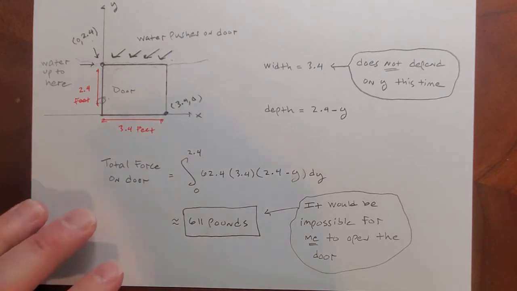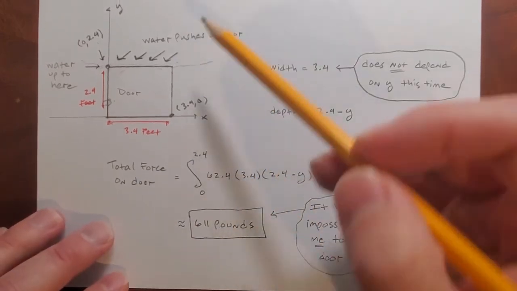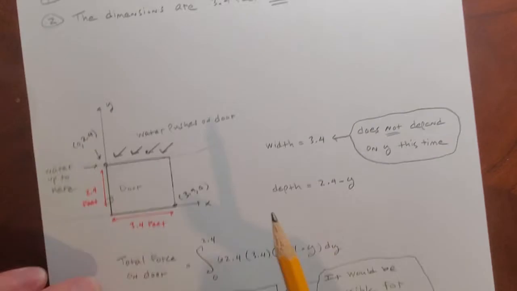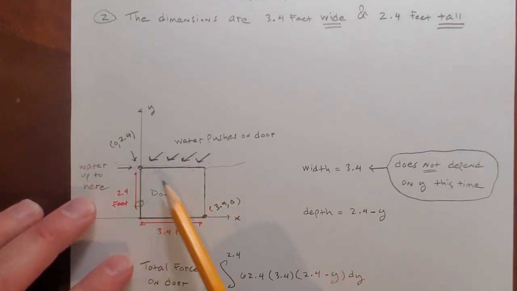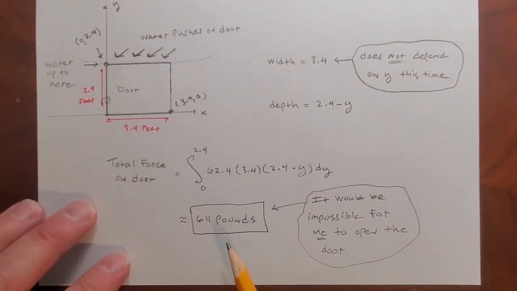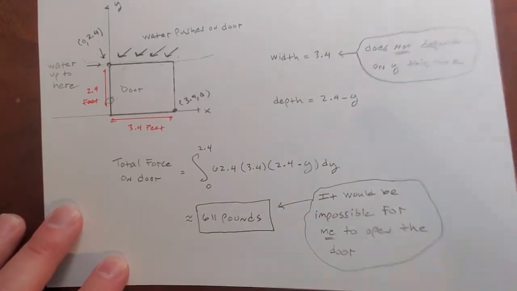But as it is, with it dry on the inside, the water's pushing in, trying to keep it closed with 611 pounds of force. Suppose the car door is not truly rectangular. Well, if it's about this size, then it's probably very close to whatever the actual measurement would be. But I wanted to include it as an example in the lesson, so there it is.